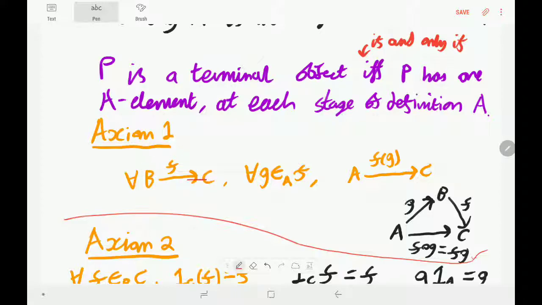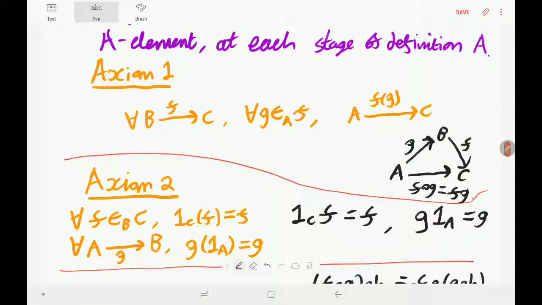For every arrow F from B to C, and for every A element G of F, we have F of G is an arrow from A to C. When I use this upside down A, this "for all", and I say G is an A element of F, notice I haven't mentioned which objects we're talking about, and generally when I do this we're talking about any object, so there can be any A we can use here, and any B we can use here, and any C we can use here, and so on.